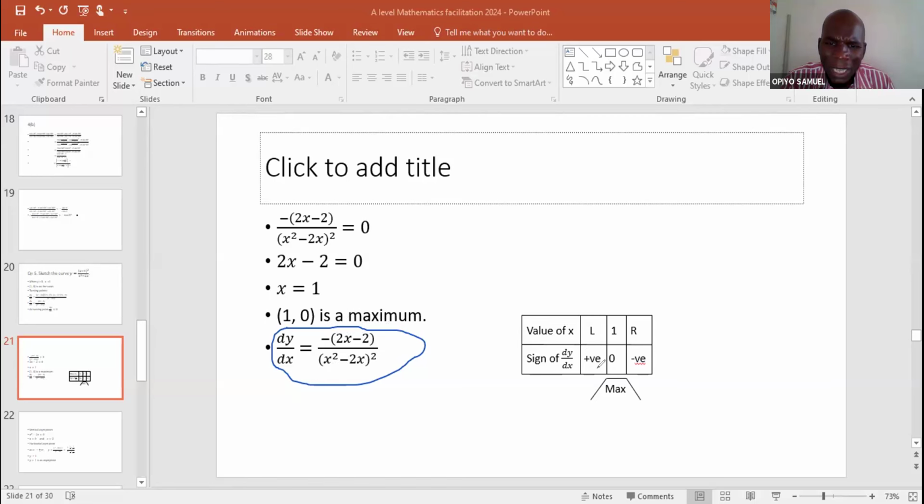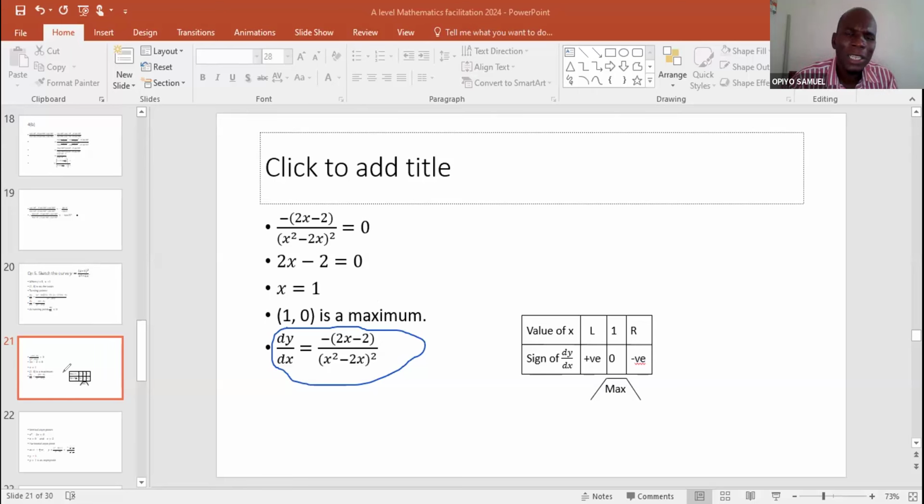Here we are only interested in the sign, not the value of the function, so you only write the sign, positive. Positive means the gradient slants like this, from left to right. Then on the other hand, when you get negative, the gradient is this way. And this shows that the point (1, 0) is a maximum.